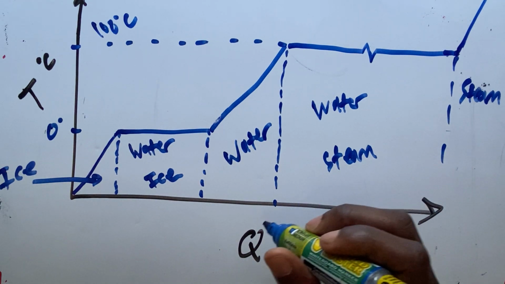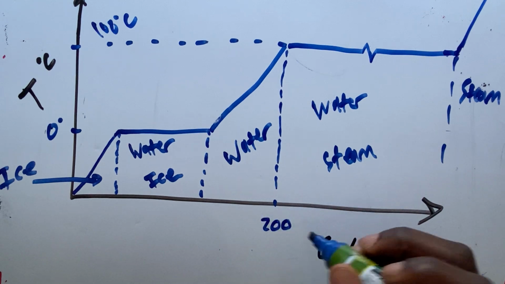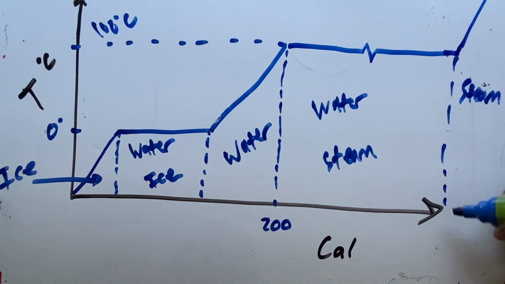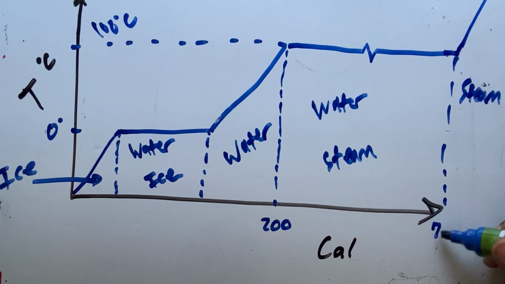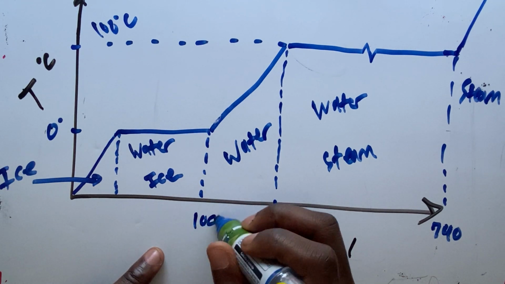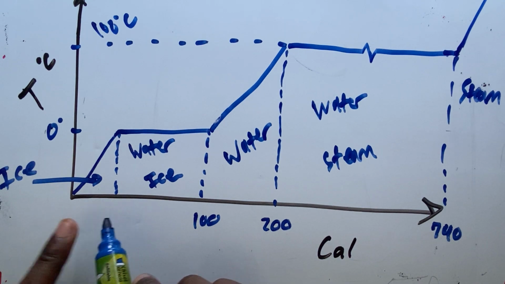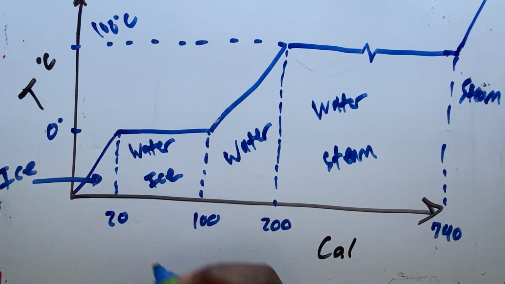So let's put some numbers to it. This is 200 calories. And then to make it all steam, you have to go up to 740 calories. Whereas to heat up this water, it's only 100 to 200. And from ice to water, it's only 20 to 100.